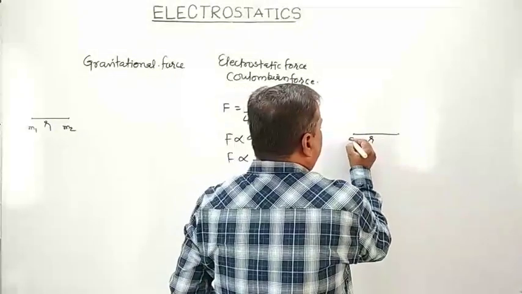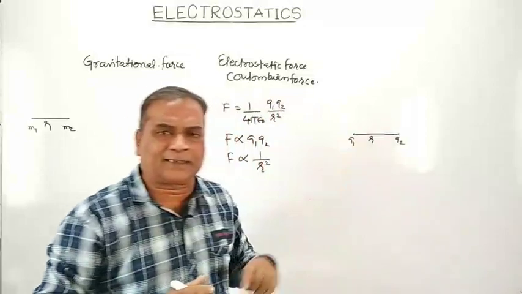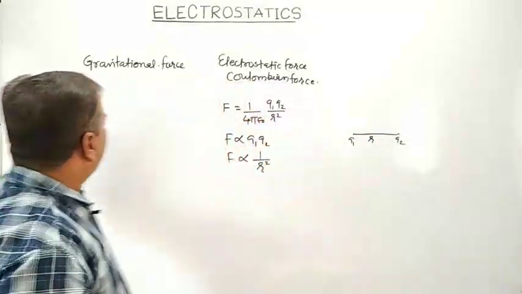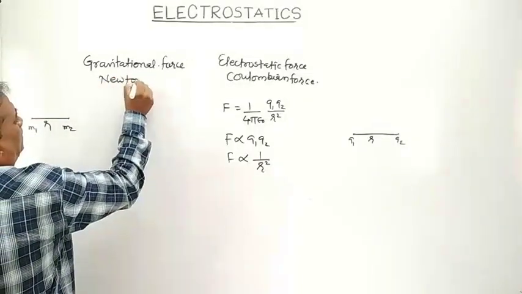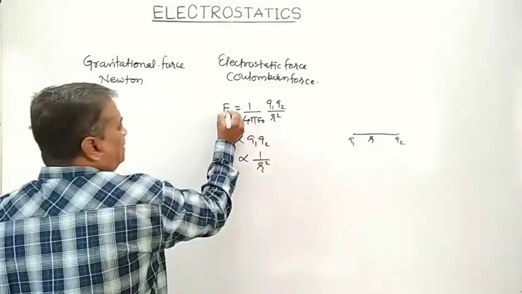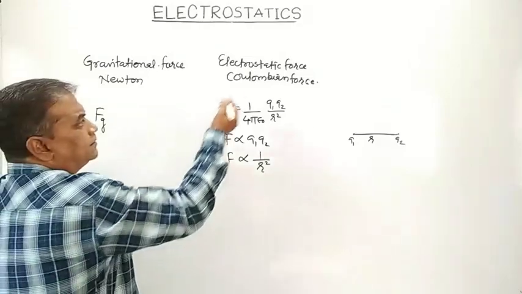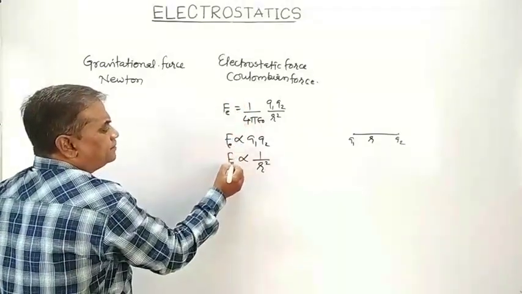In case of electric charges, there might be a force of attraction if they are unlike charges. There might be a force of repulsion if they are like charges. So according to Newton, the gravitational force of attraction, here Coulombian force, the electrostatic force of attraction or repulsion.